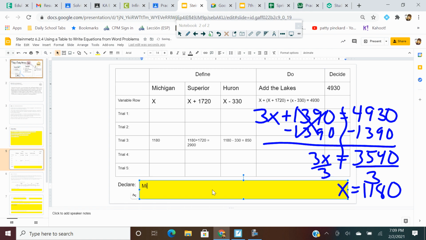Michigan is 1,180 cubic miles. Superior is 2,900 cubic miles. And Huron is 850 cubic miles.